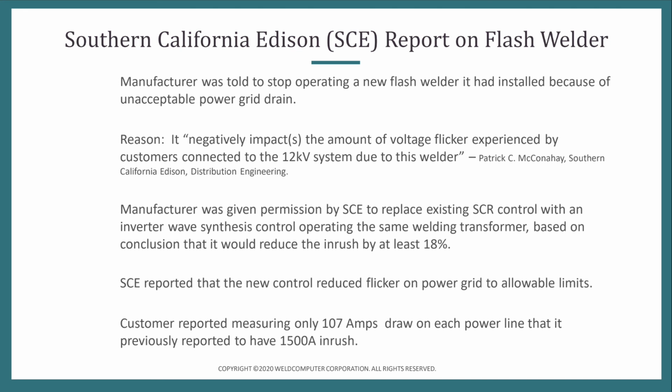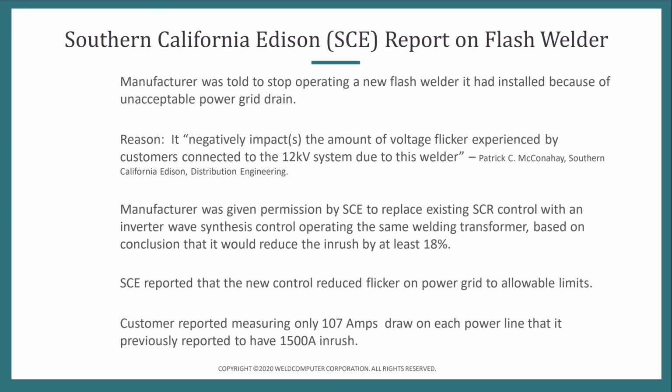And the power company actually was very angry at this company and wanted to give them a bloody nose. They were telling them that it's going to cost them $250,000 to have the power feed that they need to operate this machine. And this fellow, Patrick C. McConaughey of Southern California Edison, said it negatively impacted the amount of voltage flicker experienced by customers connected to the 12 kV system to this welder.